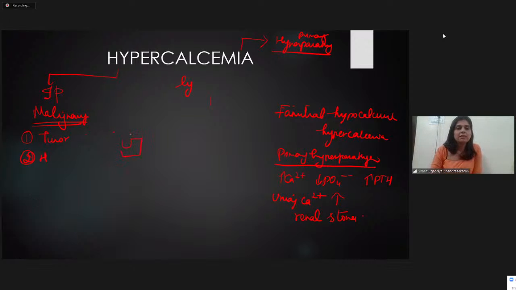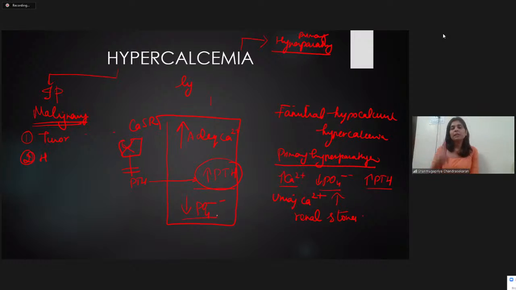When the calcium sensor receptor is mutated, even when there is adequate calcium, it is not acting. So this does not suppress PTH release. So PTH continues to be released into the circulation, so PTH level will be high. And when PTH level is high, it is going to cause high calcium and low phosphate. So don't you see that it's very similar to primary hyperparathyroidism? There is high calcium, there is low phosphate, there is high PTH.